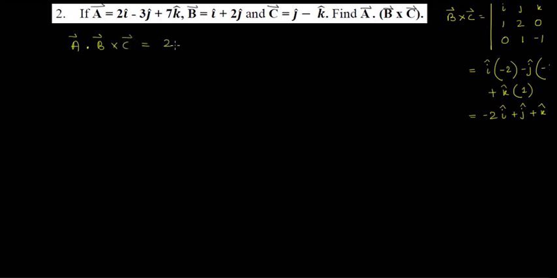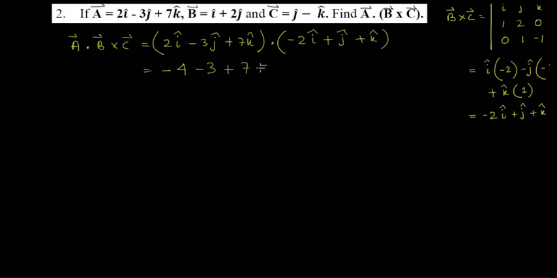The value of A is 2i cap minus 3j cap plus 7k cap, times that B cross C, which I have already done here, minus 2i cap plus j cap plus k cap. So this is 2 times minus 2, which is minus 4, 3 times plus 1 is minus 3, and plus 7, so this is 0.